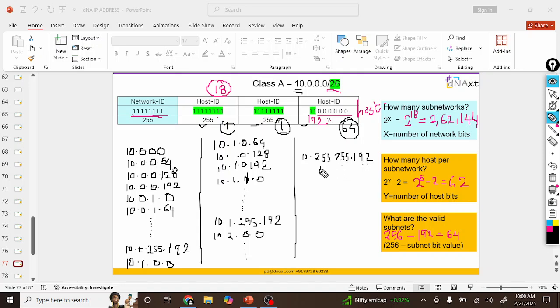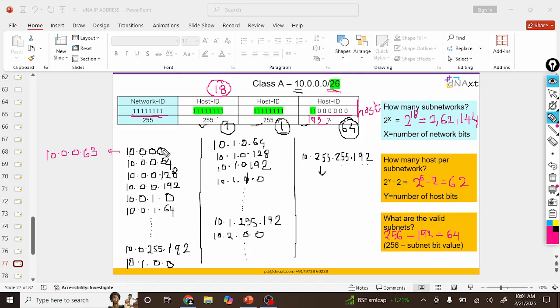Fine. So this is all about /26. Before we end the video, let's write down a few broadcast IDs. 10.0.0.63 is the broadcast ID. Right? First valid host will be 10.0.0.1, and last valid host will be 10.0.0.62.